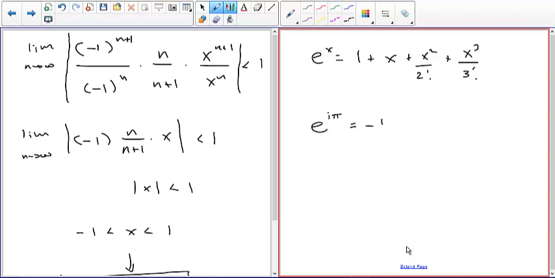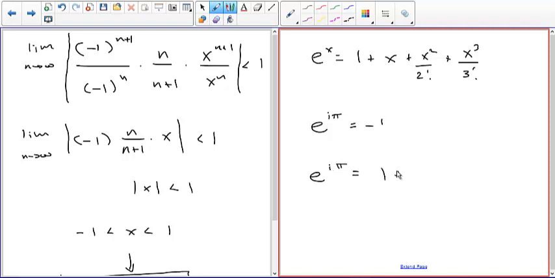So why is that? If you were to plug this into the infinite series, then yeah, I know why it is. It might take longer than 7 minutes, but let's just try it anyway. So what you can do is plug that into the infinite series.